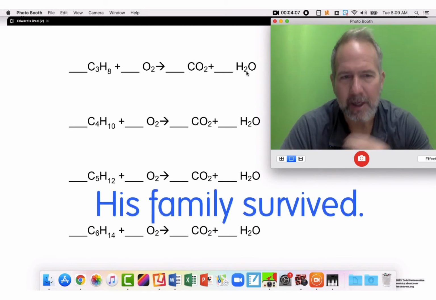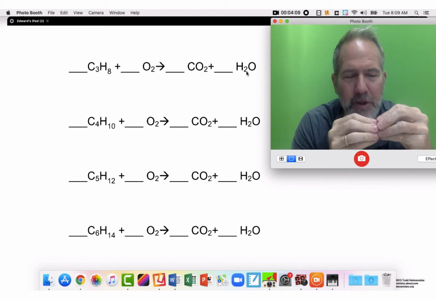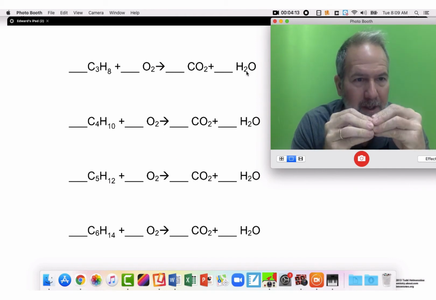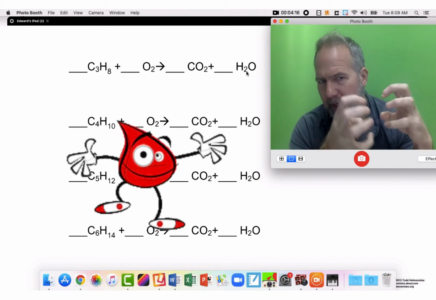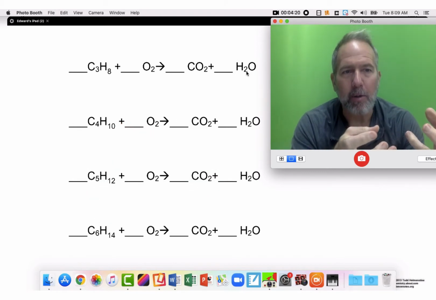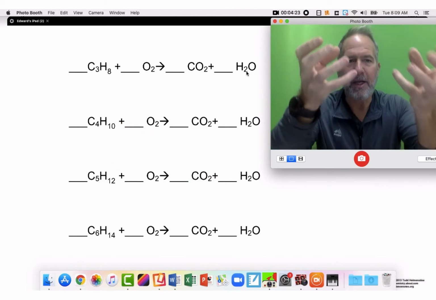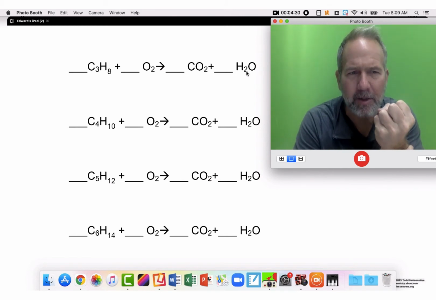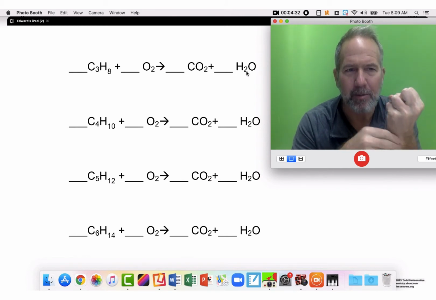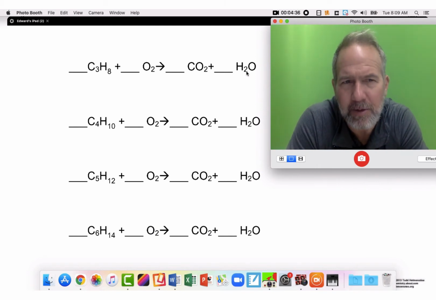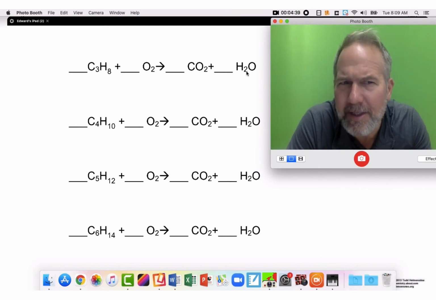Carbon monoxide clings to your hemoglobin, which is in your blood, the red blood cells, and it is more reactive than oxygen by itself, and so it takes the place on your red blood cell where the oxygen is supposed to go. And so in your body, when you breathe in the air, even if there's oxygen mixed with that, the carbon monoxide is going to take that spot and hold on to it. And when the red blood cell goes around your body delivering oxygen like it's supposed to, that carbon monoxide still doesn't let go.